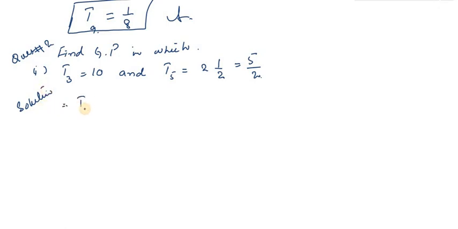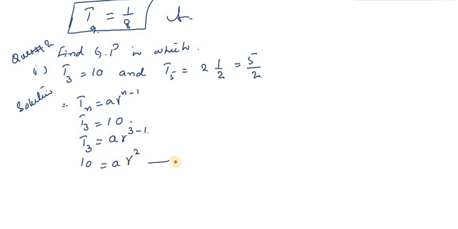The given data is that the third term is 10. So T3 is equal to a r to the power 3 minus 1, and the third term is given as 10. So 10 is equal to a r squared. This we call equation number 1.